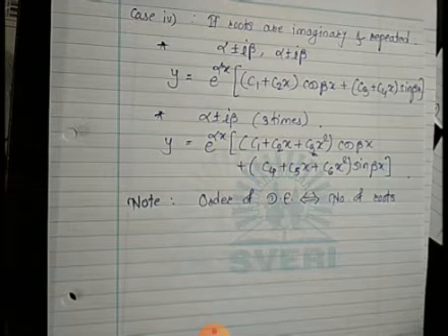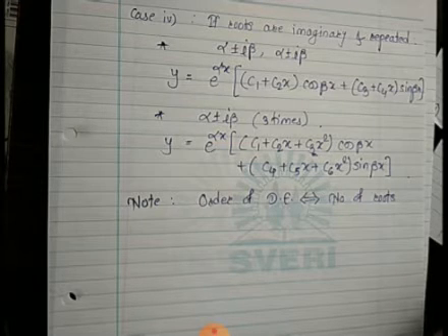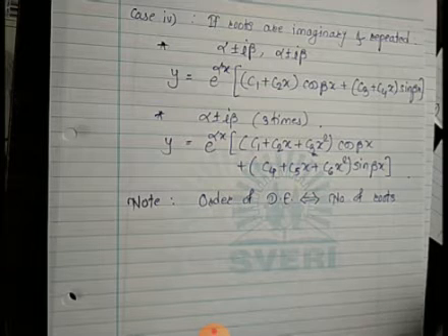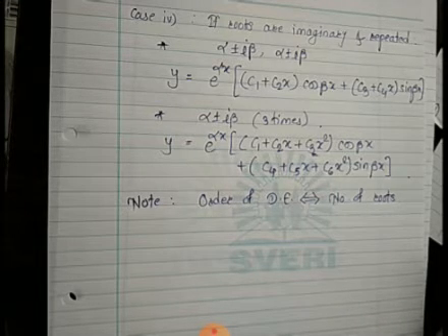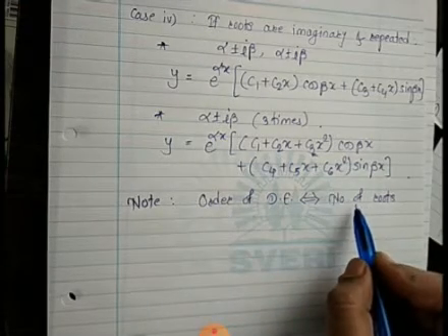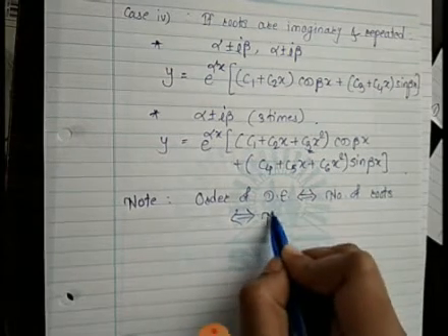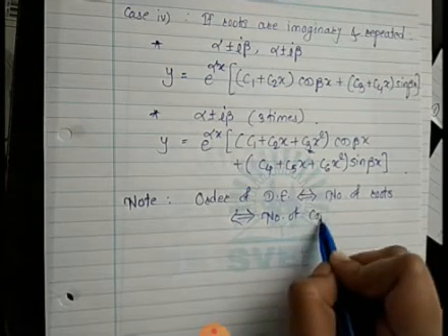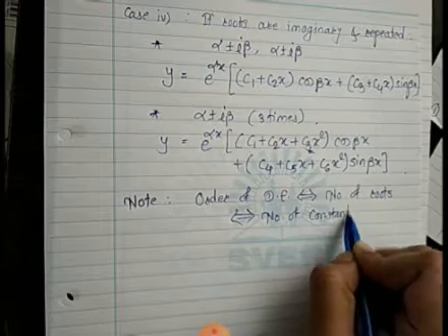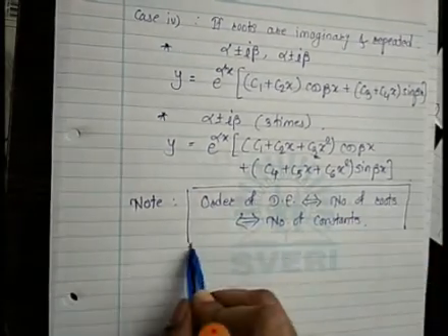Is it so? If it is D square equation, then it has 2 roots. If equation is cubic, it has 3 roots. If equation is of fourth, then it is having 4 roots likewise. So order of the differential equation is same as the number of roots and is same as the number of constants in your solution. These must get matched. Always remember.